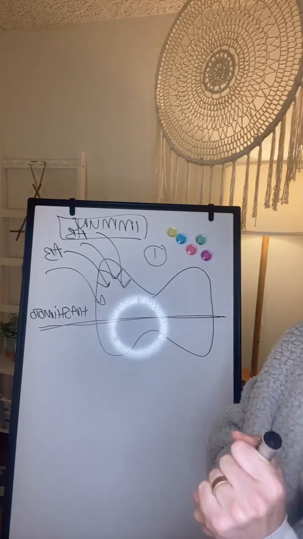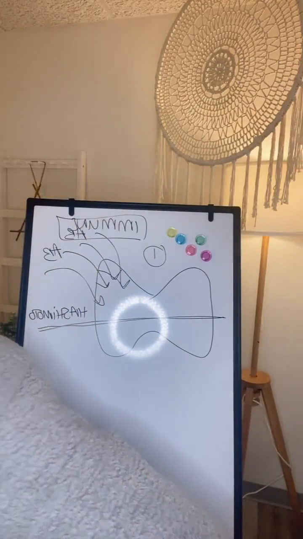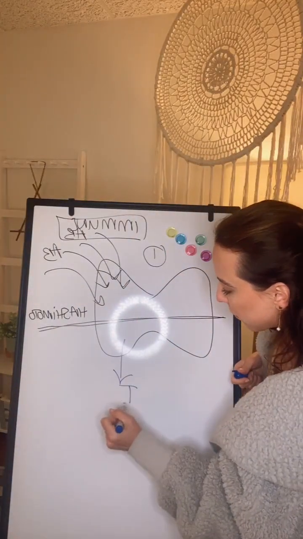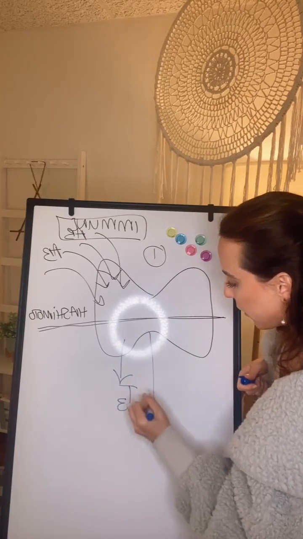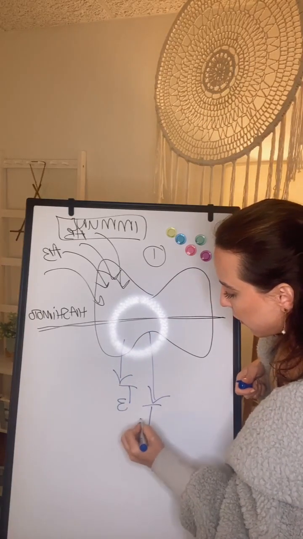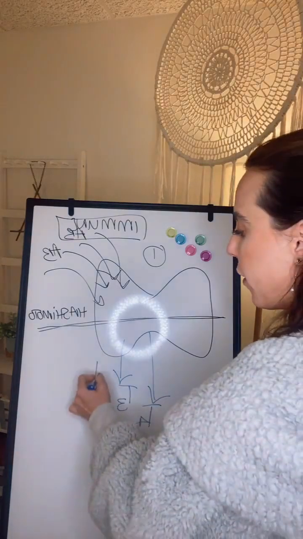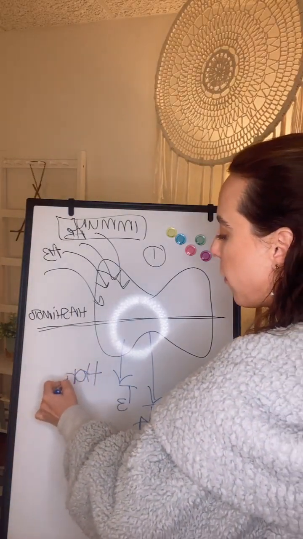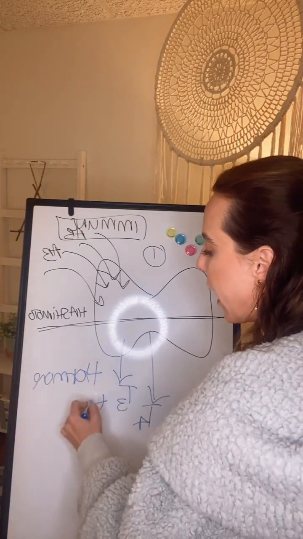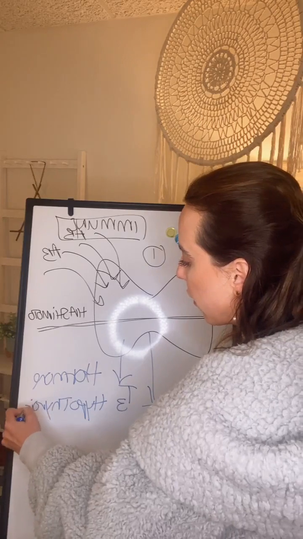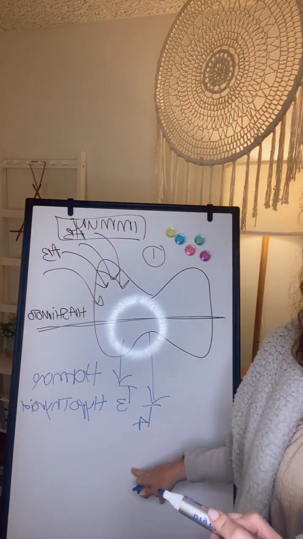I'm actually going to do it in a different color to make it a little bit more visible. Hormones. Okay, the bottom part is the hormone part. We'll use hypothyroid.